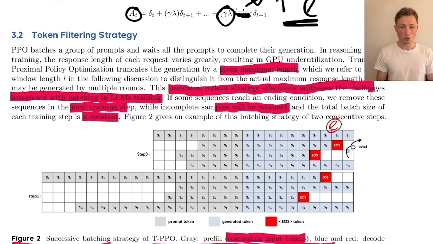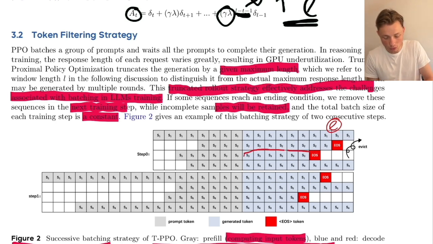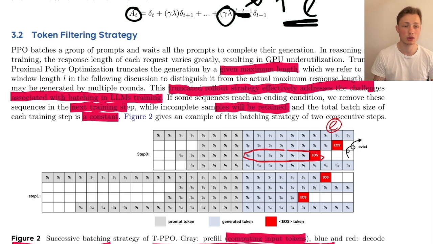We take only those that are already finished for making the value update. In the next step we would then put all the others that are not finished together with new ones to fill the empty slots, because some of the sequences are finished.